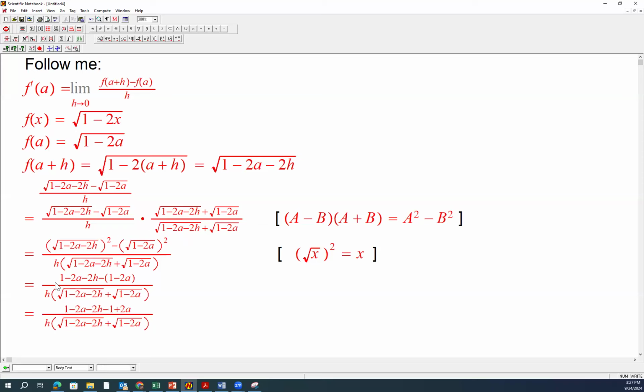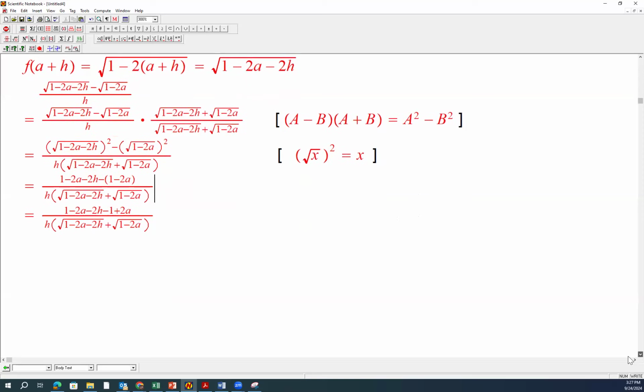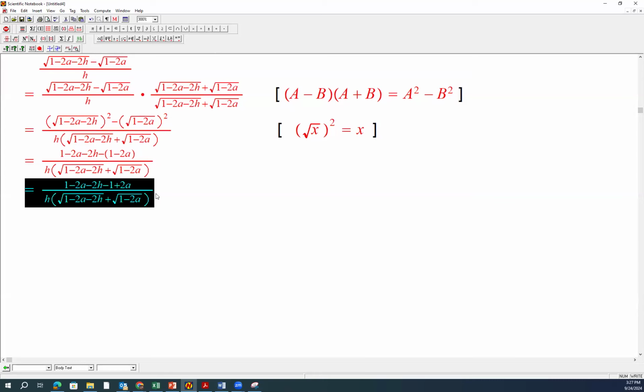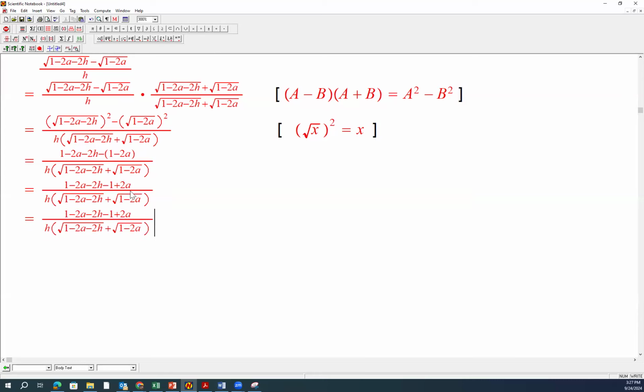I usually want to keep this step as however simple it is, so that when I go back, I can check my work. Okay, so now let's reduce this numerator. Just keep the denominator. So plus 2a minus 2a minus 1 plus 1 gone. So these two h. Oh wait, I should put it here. Okay, I should do it here.